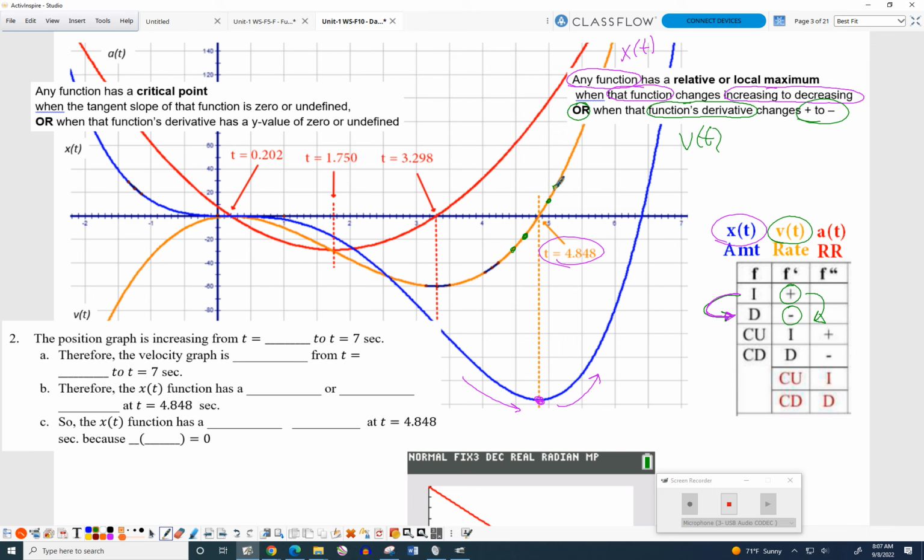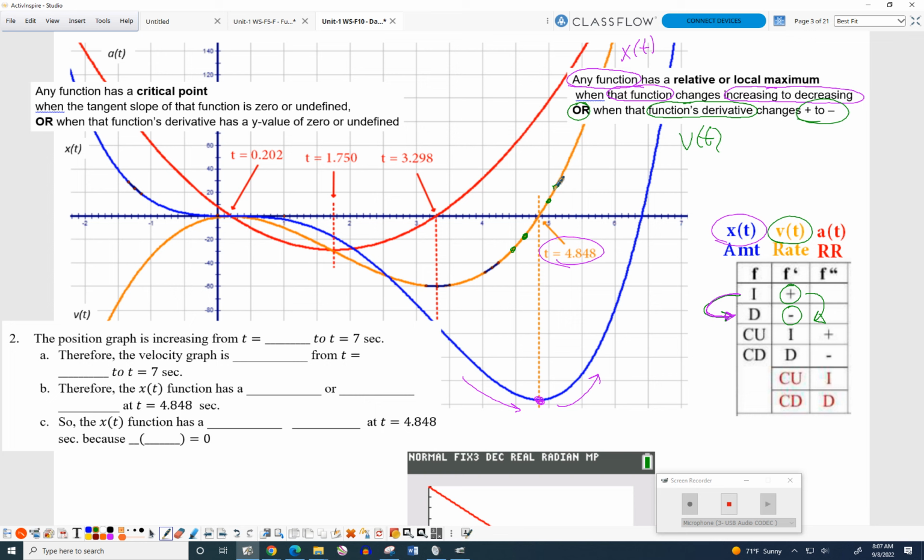Question. If you know where the velocity has a relative max, hands up. Where does the velocity have a relative maximum? Let's go, Cecily. At 0.202 seconds. How many agree? Point for Cecily. That is only the relative max on the velocity.